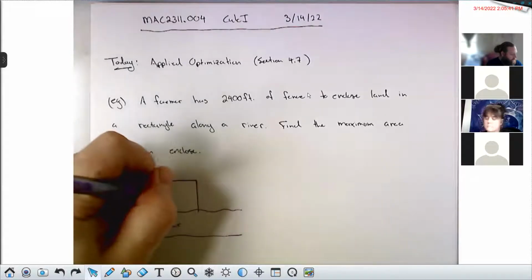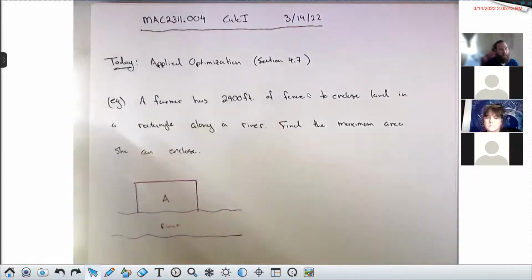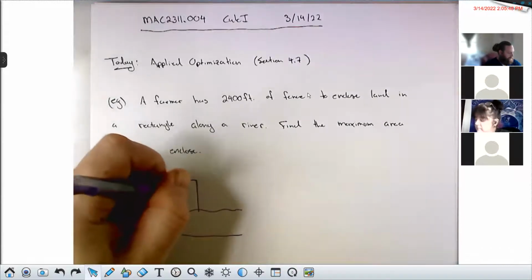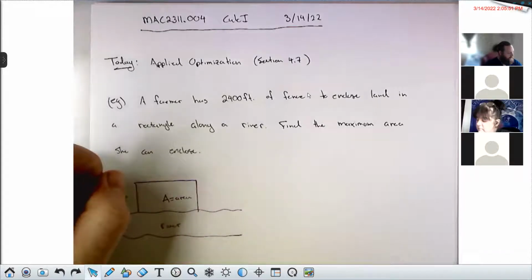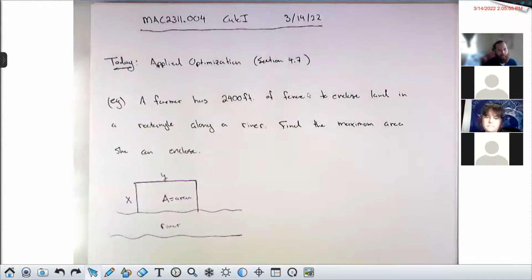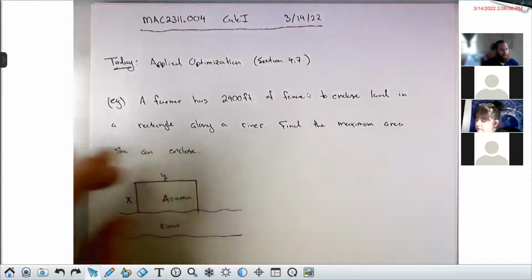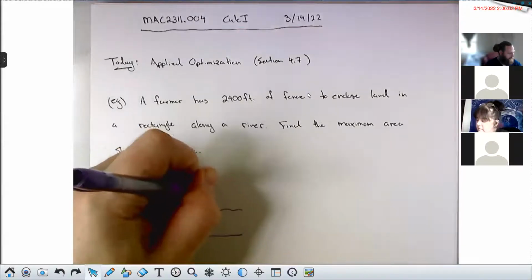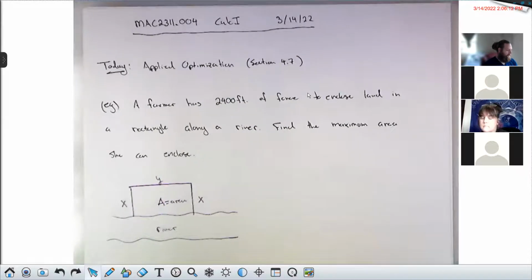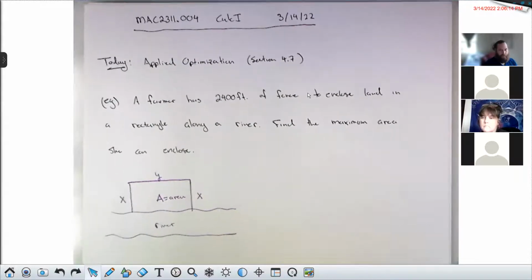So the area I'll call A. This dimension I can call X, and this dimension I can call Y. And because this is a rectangle, this fellow over here is also X. Our goal is to maximize the enclosed area.